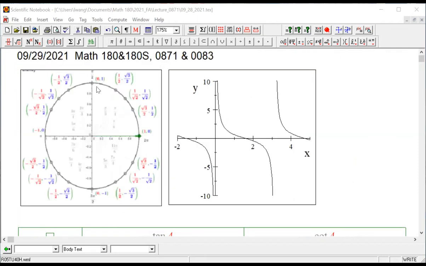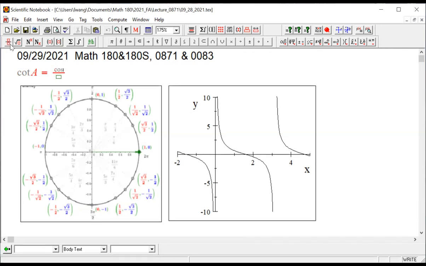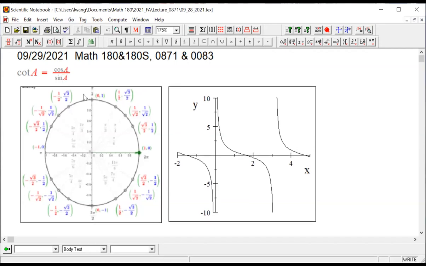So you would like to plot the points, but by definition, cotangent of an angle A in the domain is cosine of A divided by sine of A. We have talked about how the denominator cannot be 0, therefore A cannot be k pi.